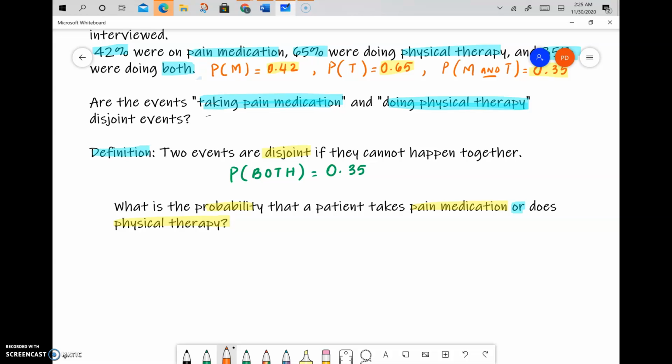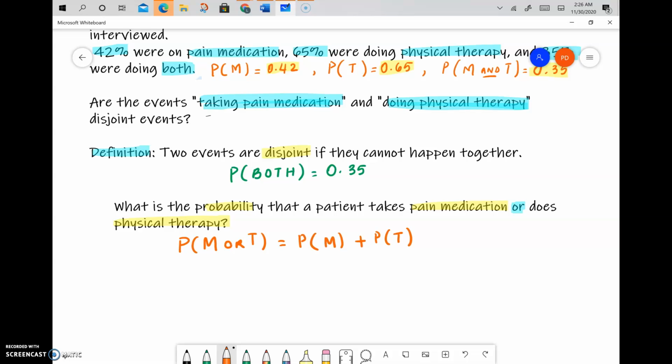But the addition rule for events that are not disjoint is probability of pain medication or physical therapy is equal to probability of pain medication plus the probability of therapy.